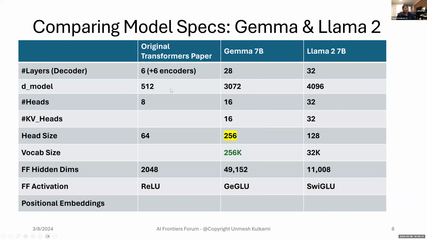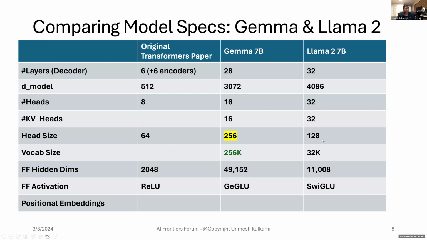But even with that, I think we are clear that we are stacking these models pretty tall. The dimensionality of the embeddings has increased from 512 in the original paper to about 4096, which I believe is also the dimensionality of Gemma. The number of heads has increased from 8 to 16 and 32. And the head size is substantially bigger at 256.